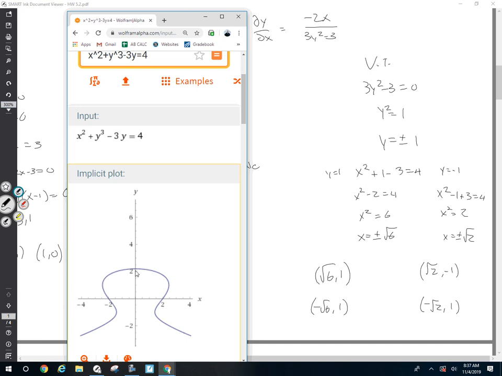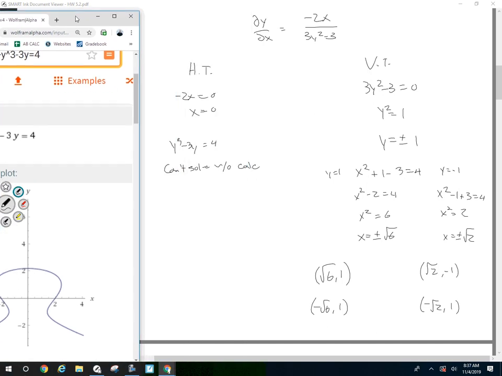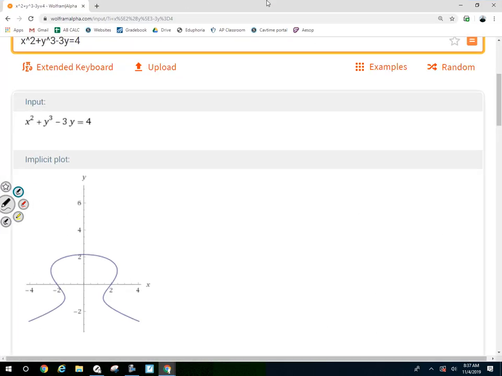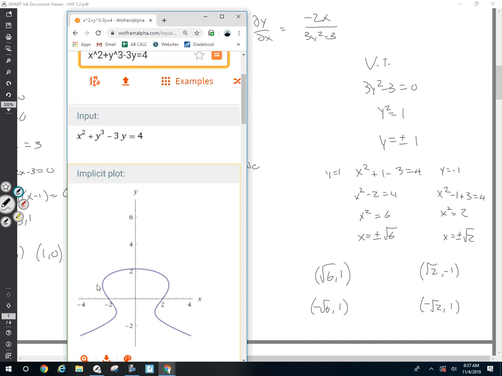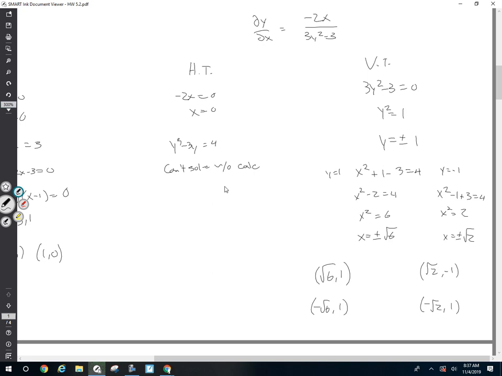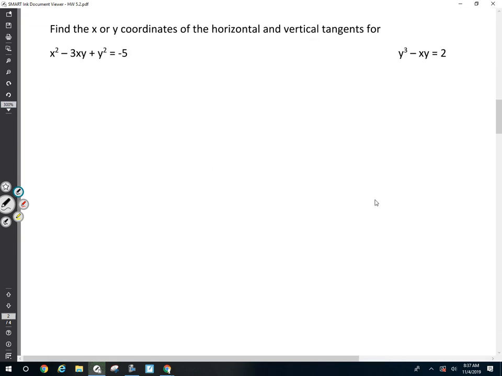One location of a horizontal tangent when x is 0. We couldn't find the y coordinate. That's fine. But we found when y ends up being negative 1 right here, and then y is positive 1, you got vertical tangents. Cool.